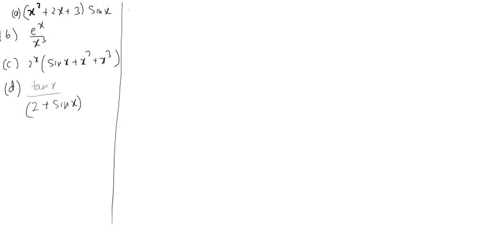What is the first one? y is given as x squared plus 2x plus 3 into sin x, and we have to find dy by dx. Okay, so now dy by dx can be found by using product rule. Let us take this as p and this as q.